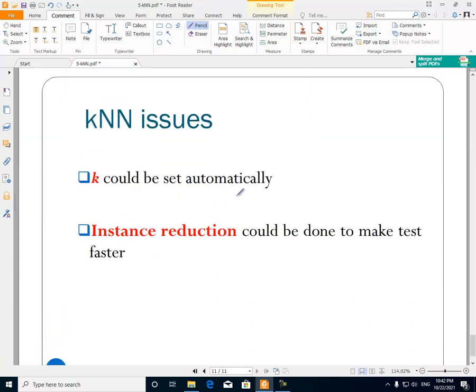Two important issues about KNN are that the K value could be set automatically.